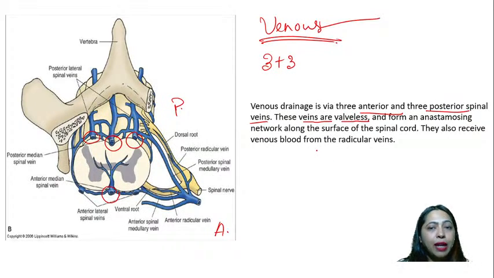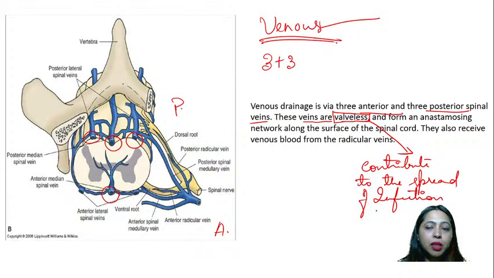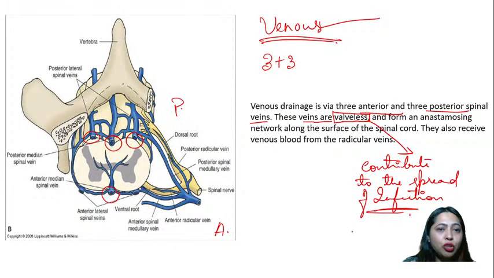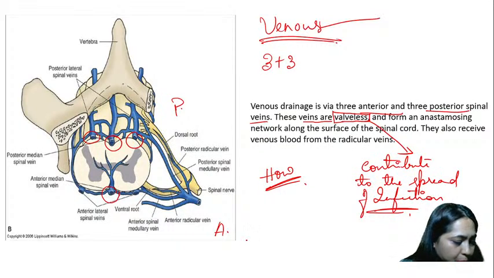They do not have valves. So since they don't have any valves, they can contribute to the spread of infection. How do you think it can contribute? Because there is something called Batson's plexus.